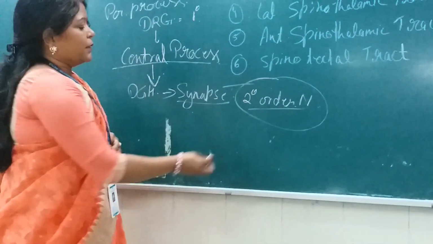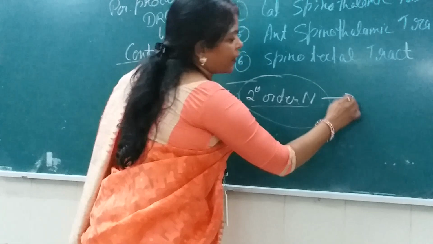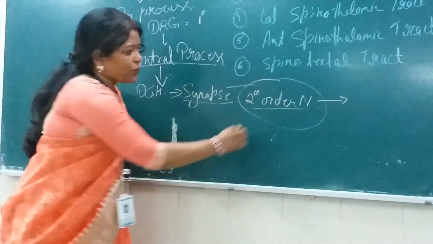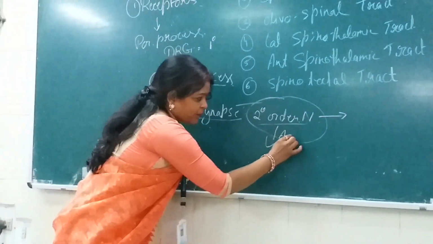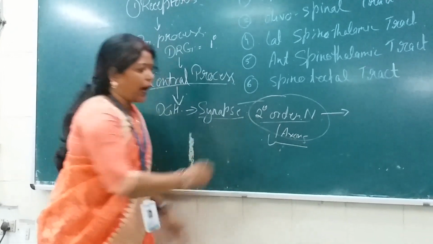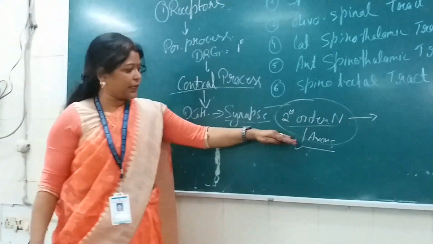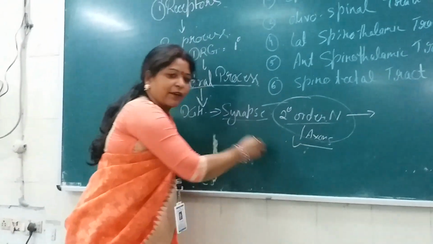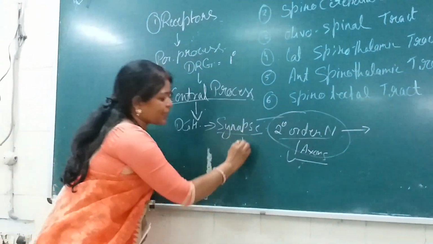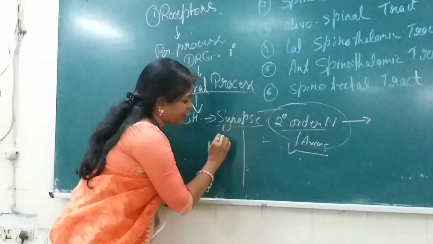Now, the axons which are coming out from these second order neuron cells, what will they do? As a rule, suppose this is the midline, here it is the left, here it is the right.